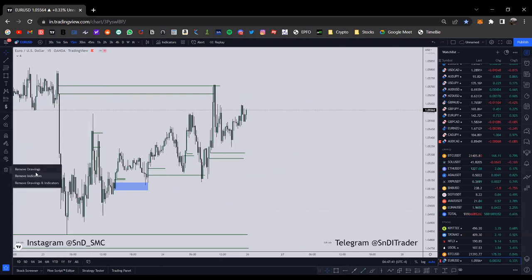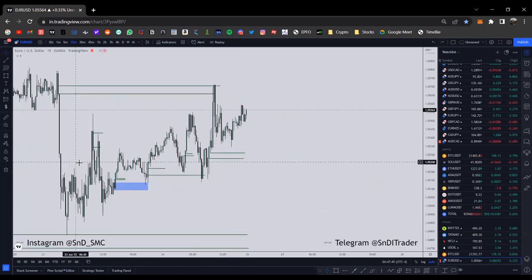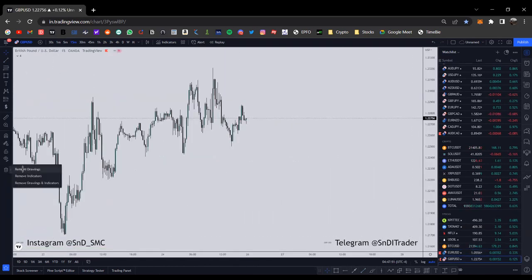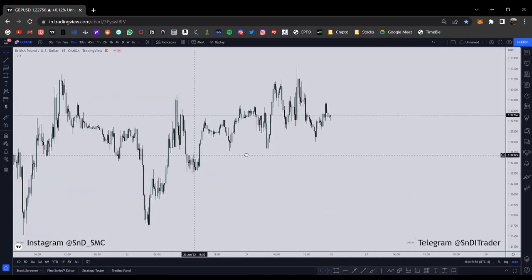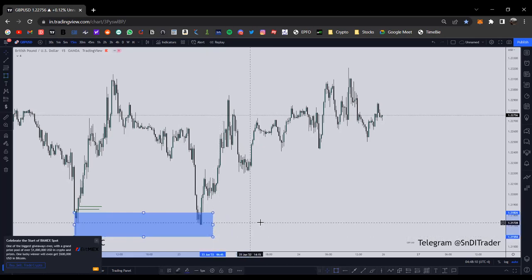And let's just go on another pair to find the fair value gaps. Okay, so this will be a GBPUSD chart. So what happened here? We had a fair value gap in here, market just came inside, filled the fair value gap and mitigated this bullish order block and gone upside.